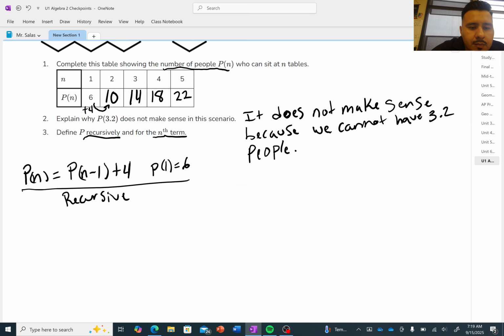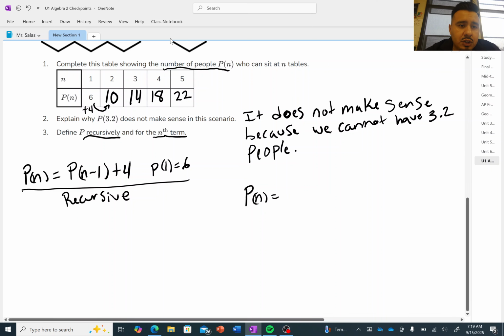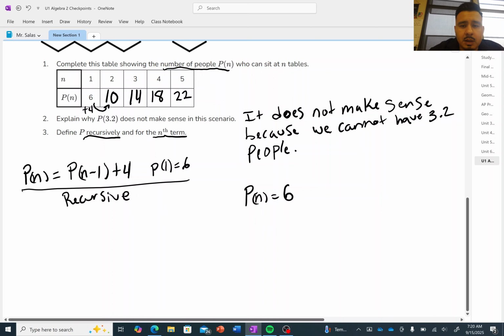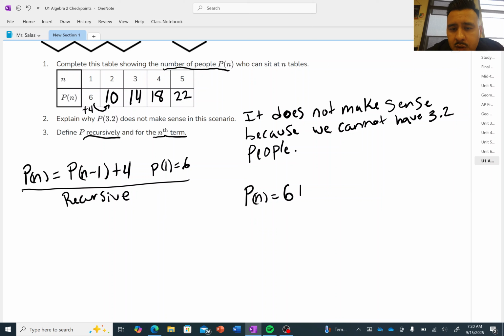Let's look at our nth term. Still I start with P of n equals, well, first I want to identify my first term. If you can see on my table, it was a 6, so I'm going to put a 6 here. My pattern was a plus 4 according to my table, so it's 6 plus 4.